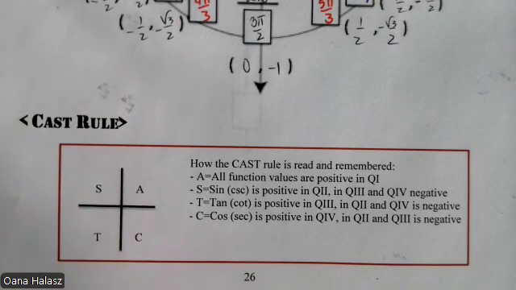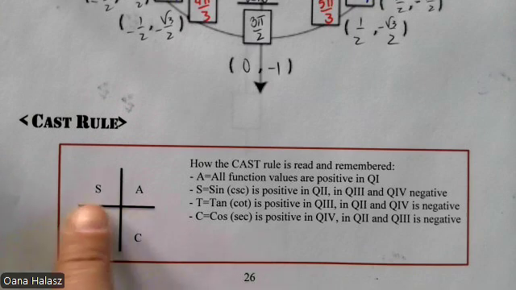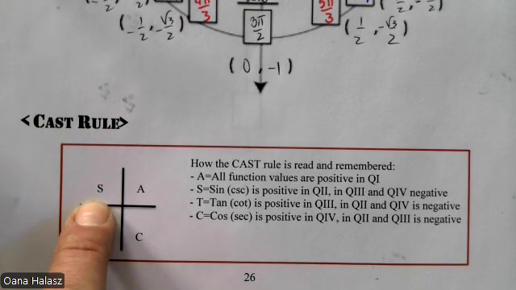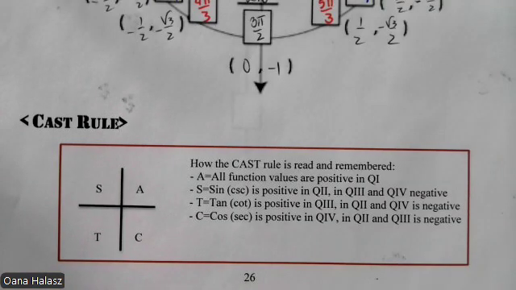And in quadrant four, only cosine and its reciprocal are positive. The other ones are not. So it's a way of summarizing where my functions are positive. If you're in the quadrant where sine is positive and you're looking for cosine, you know cosine will be negative, because only sine is positive in quadrant two.